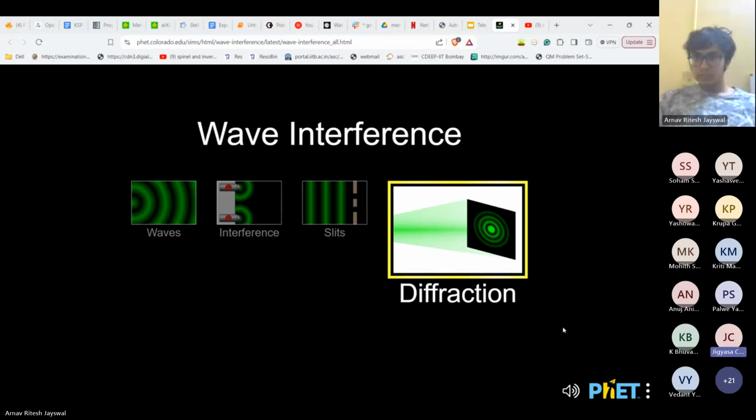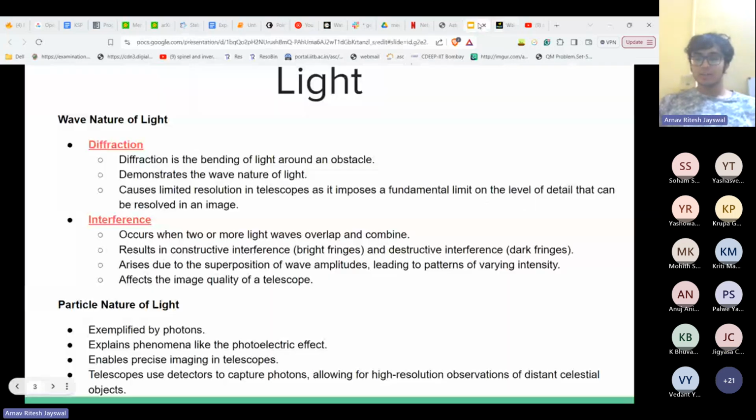Arnav, you're muted. Oh, okay. Can you see my screen? Yeah, the screen is visible. Just restart from the previous slide. Oh, I'm so sorry. Yeah. Okay. So where was I cut off?